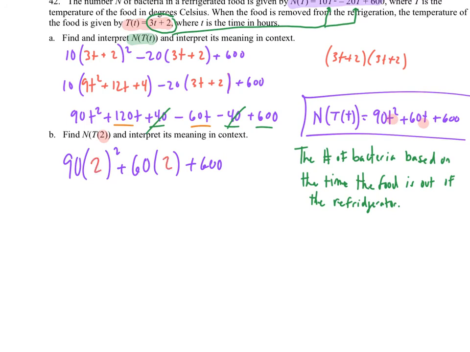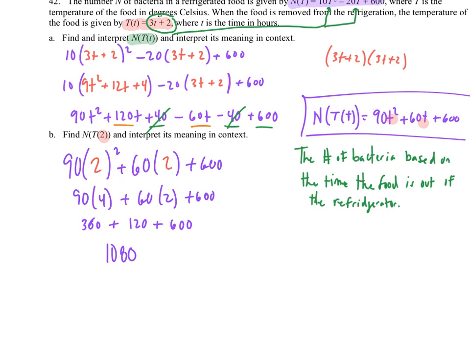So 2 squared is 4, so I get 90 times 4 plus 60 times 2 plus 600. 90 times 4 is 360, plus 60 times 2, which is 120, plus 600. 360 plus 120 is 480, plus 600 is 1080.